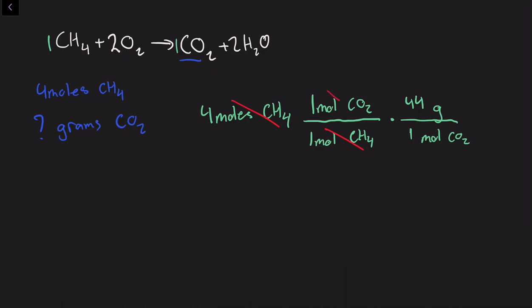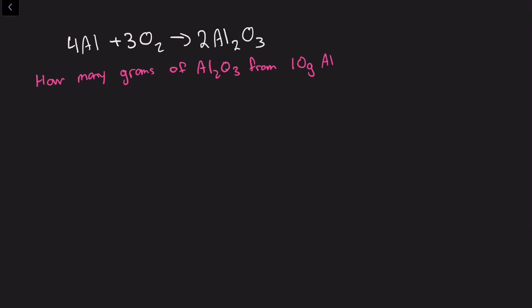Now we canceled out moles of CO2, leaving us with grams of CO2. Now we just solve going across. We're going to do 4 times 1 over 1, so it doesn't really change, times 44, giving us an answer of 176 grams.